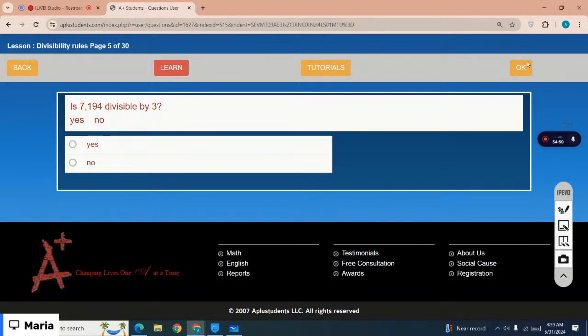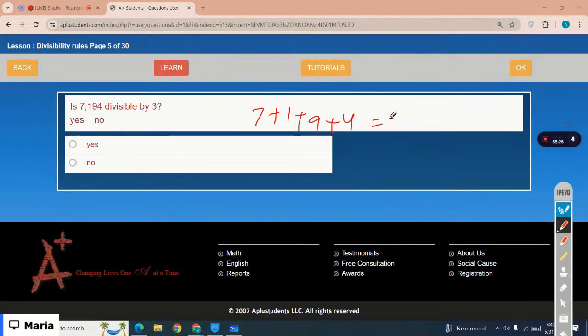Is 7194 divisible by 3? The divisibility test for 3 is you have to add all the digits. If the sum of digits is divisible by 3, the number is divisible by 3. 9 and 4, 13, 14, 21.